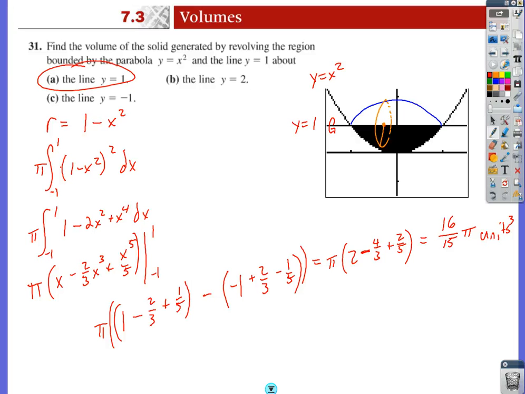I have to do something different to find my radius, and it's going to be something subtracted by my function. In this case, that's why my radius is 1 minus x squared, because my radius is always the 1 minus the x squared piece, that little piece that's down here. After doing that, the rest of it is just plug and chug and get all the way through.